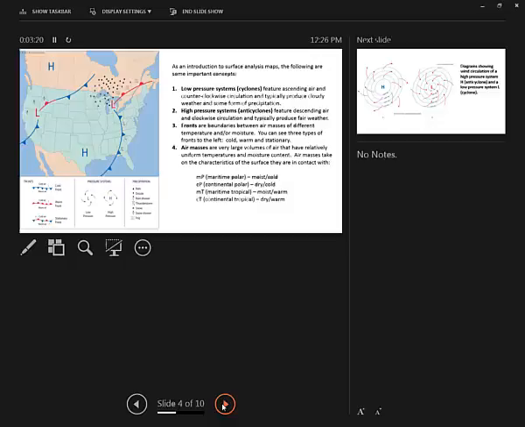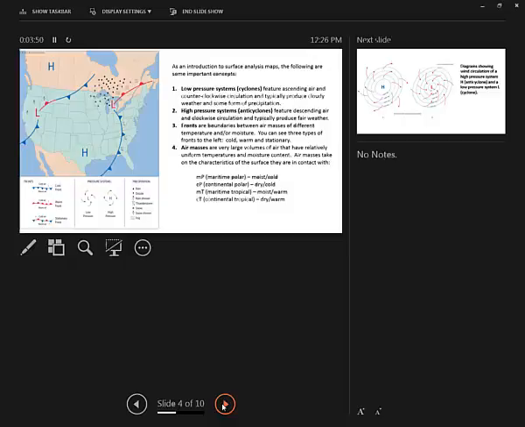Anticyclones are going to have air that descends from high in the atmosphere down toward the surface, and the air circulates in a clockwise manner. These systems typically produce fair weather, whereas your low pressure systems or cyclones will produce cloudy and usually some form of precipitation. So low pressure systems, clouds and precipitation. High pressure systems, generally fair weather with light winds.